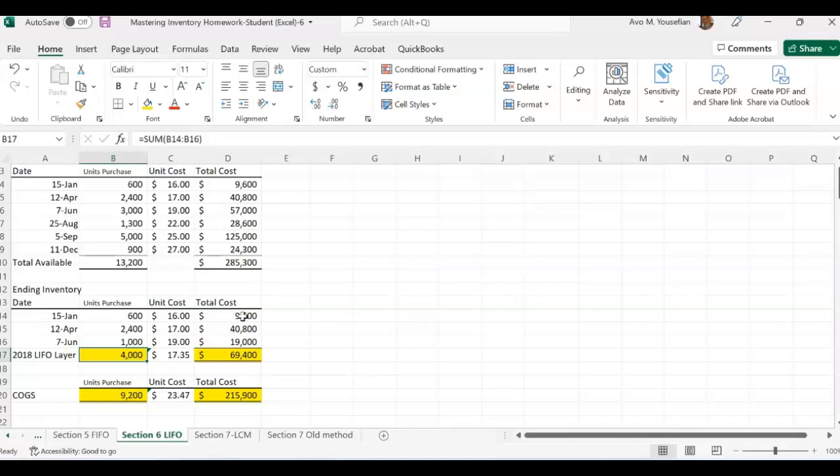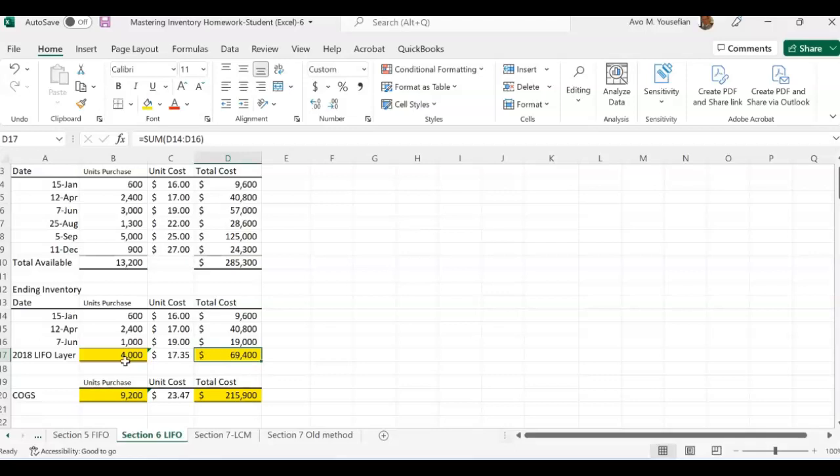And we add up this cost in here. Here is the formula. And we have $69,400. And that's ending inventory. And because that ending inventory is the last layer remaining at the end of the year, we call it 2018 LIFO layer.